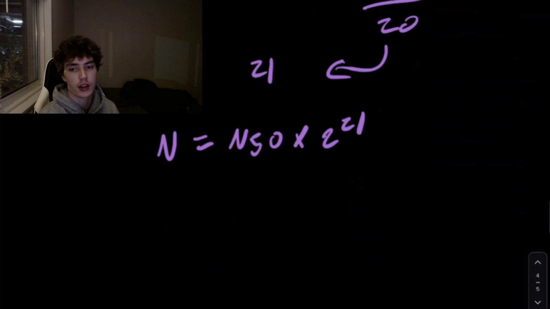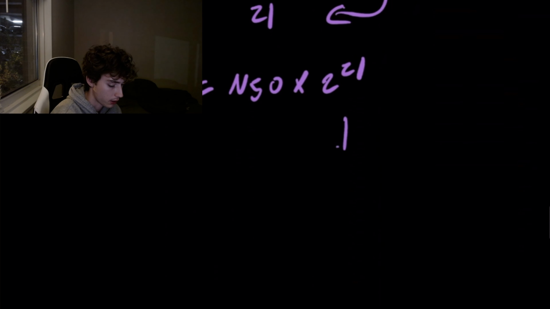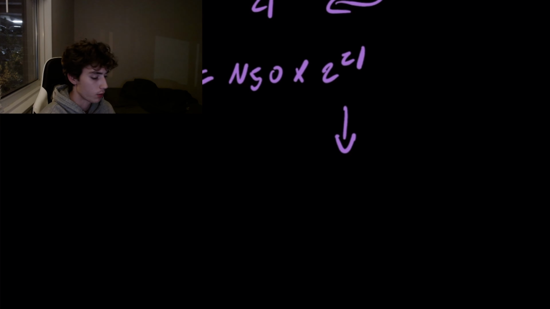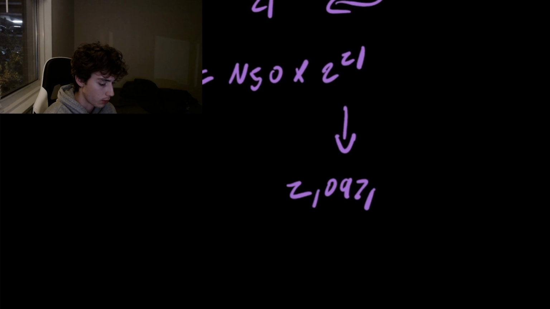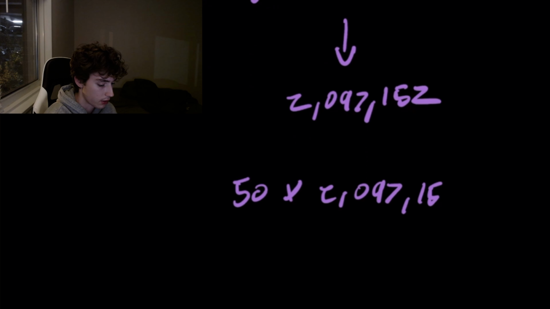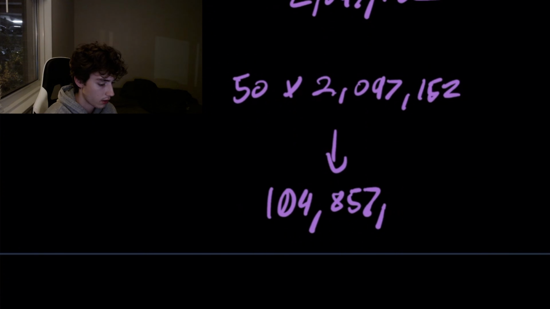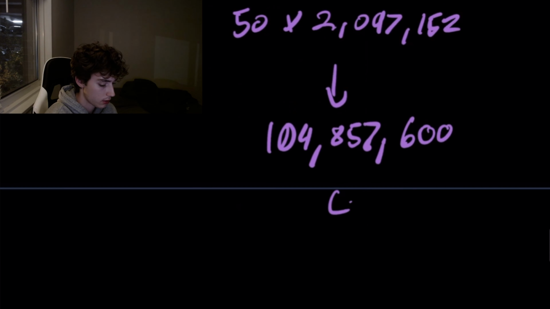I'm actually going to have to calculate what 2 to the power of 21 is because I don't know that off the top of my head, so let me do that real quick. 2 to the power of 21 is 2,097,152. 50 times 2,097,152 is equal to 104,857,600 cells.